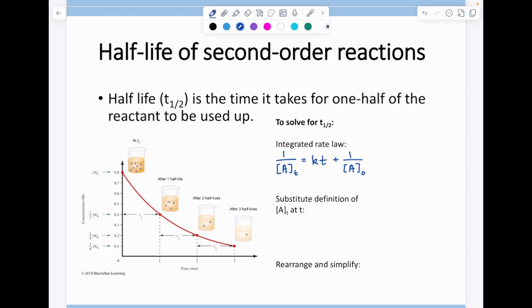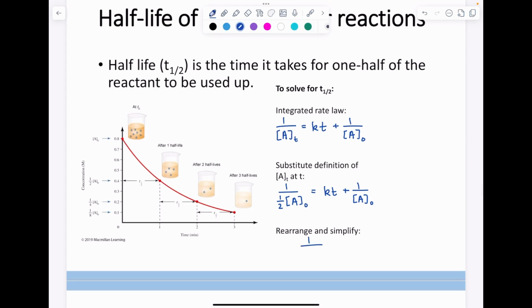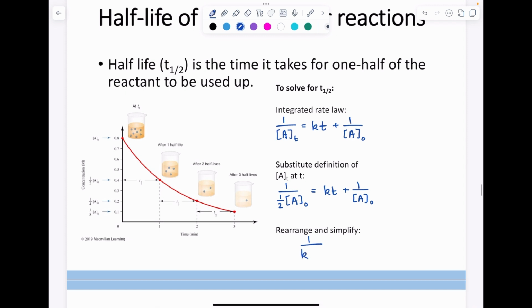If we substitute in the definition of concentration of A at time t, meaning that it is 1/2 the initial concentration, and then rearrange and simplify, we have 1 over K times the concentration of A at time 0 is equal to the half-life for a second order reaction.